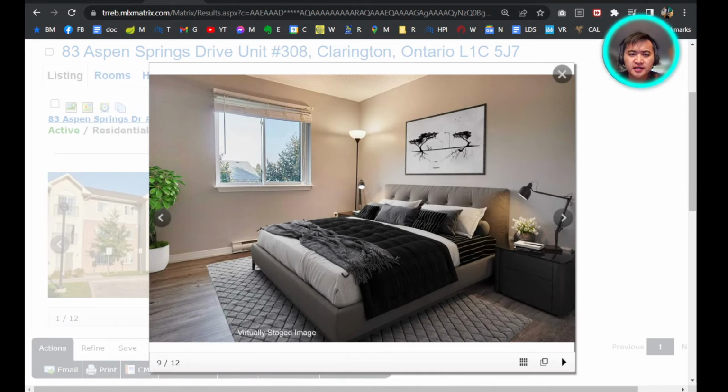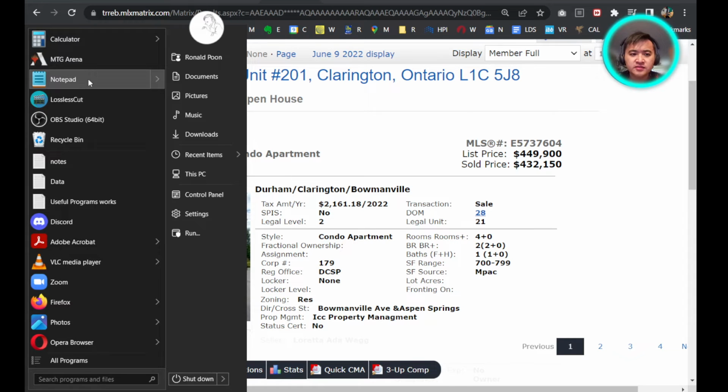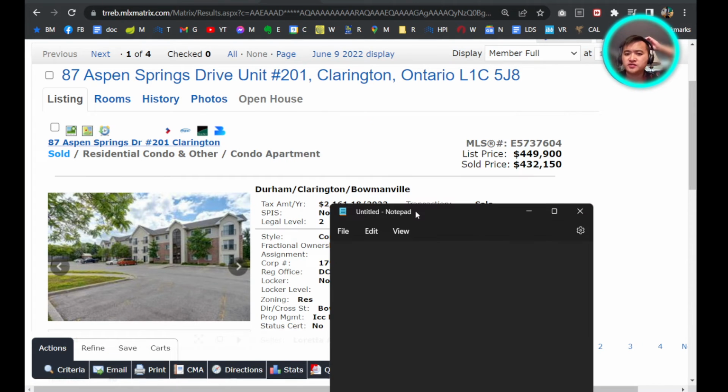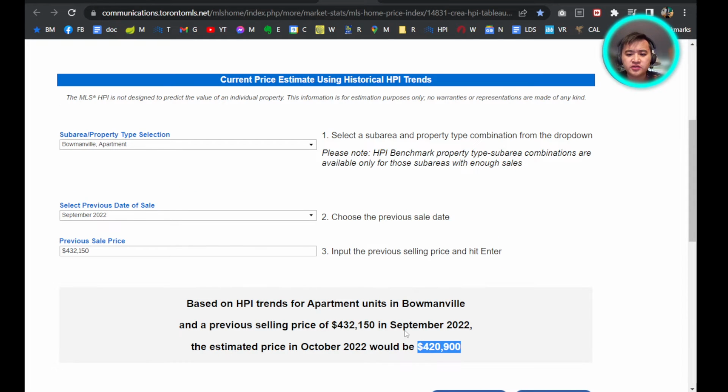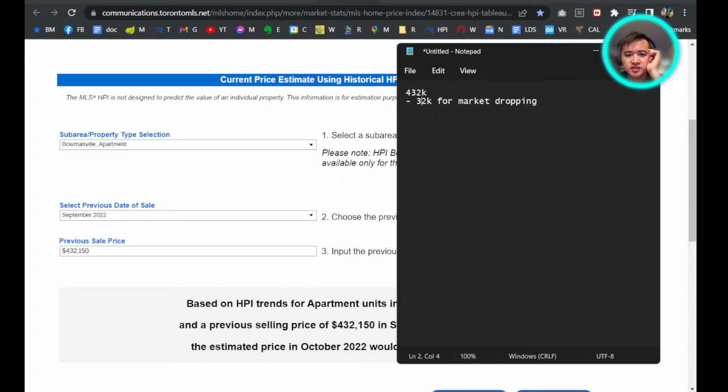How I usually like to do it for CMA is that this is our main. First, I start off by looking at all the units to make sure this is not an outlier we're looking at, and this is the unit, and then we're gonna minus 32K around for market dropping approximately. But this is for October, so maybe we can be more liberal and say a 35,000 drop.